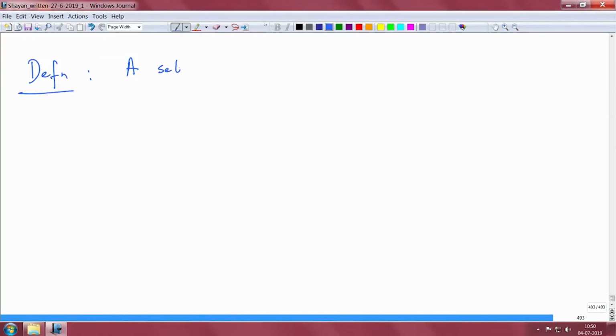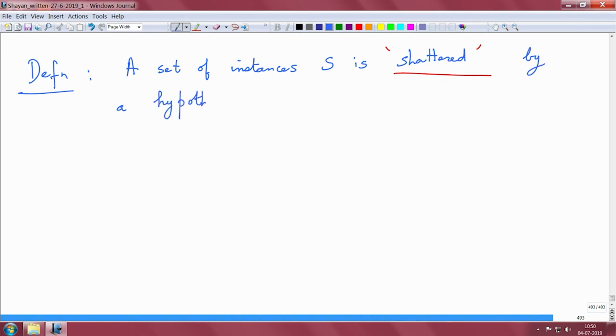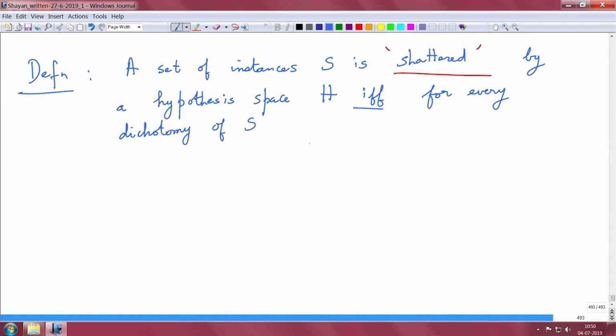So, a set of instances S is shattered by a hypothesis space, call it H, if and only if for every dichotomy of this set of instances S, there exists a hypothesis that is consistent with the dichotomy.